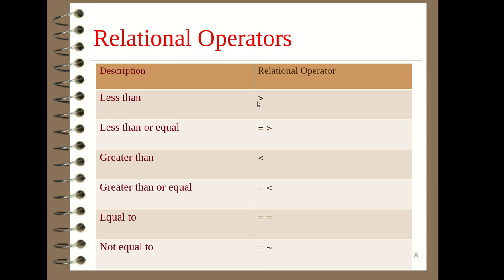So this is less than, where the number on the right side is less than the number on the left side, and less than or equal, greater than, greater than or equal, equal to, and not equal. For equal, there are two equal signs, because if you remove one of them, it is the assignment operator, not equal like in mathematics.